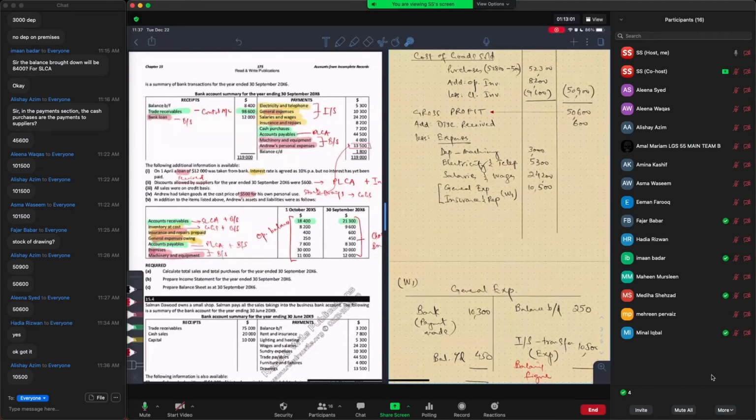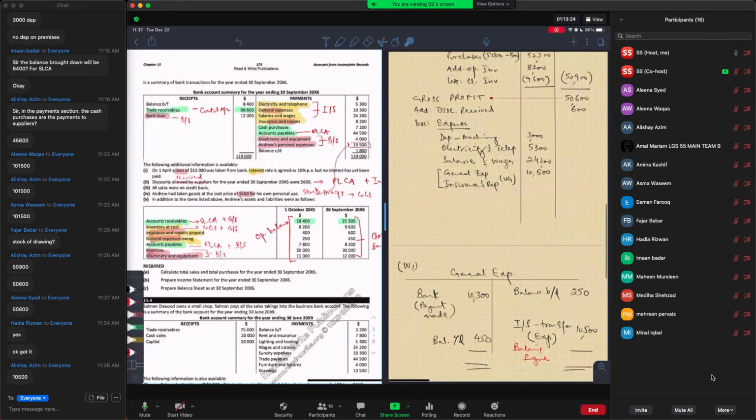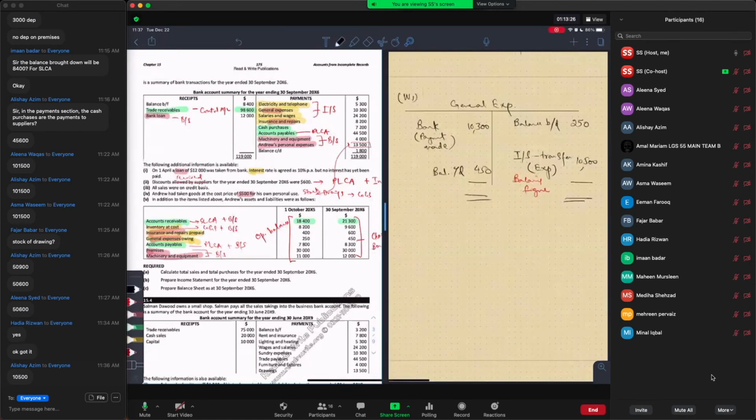Similarly, we are going to make a prepaid account. Now our next expense is insurance and repairs, and for insurance and repairs, you can see that these have been prepaid, $400 and $600, right? So we will make an insurance and repairs account, and it will be a prepaid account, just like the general expenses account.